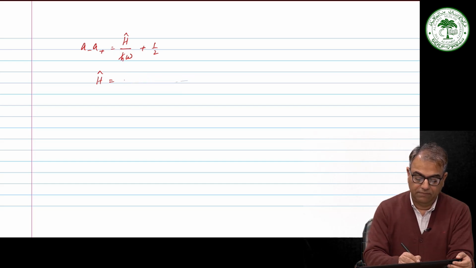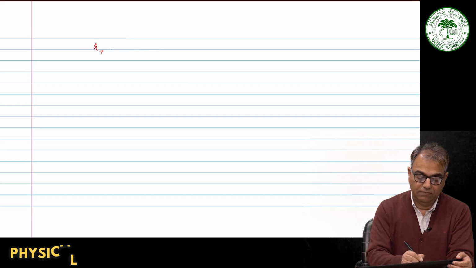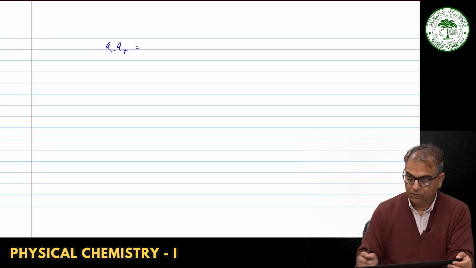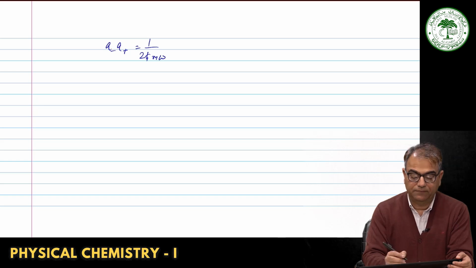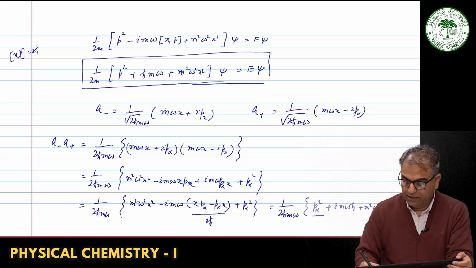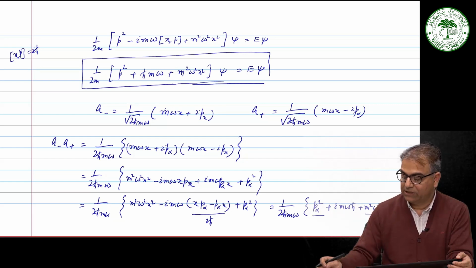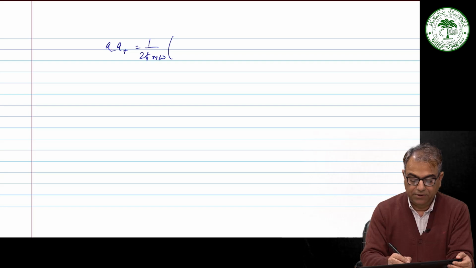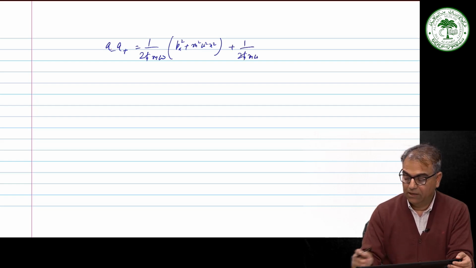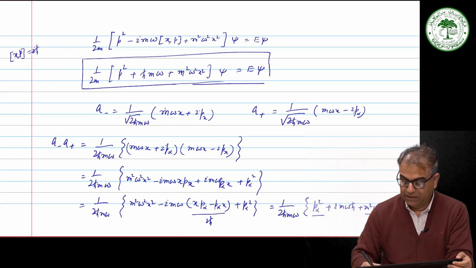You can write a minus a plus is equal to 1 by 2 h cross m omega, and then I can take p x square and m square omega square x square simultaneously, and I can write p x square plus m square omega square x square as one term, and another term we can write as 1 by 2 h cross m omega, and what remains there? What remains there is I m omega h.